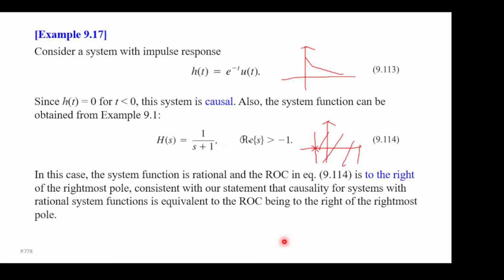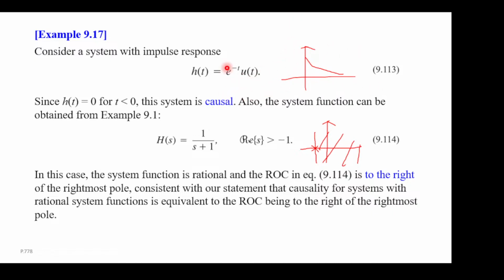I guess then let's see an example of this causality first. Let's see a good example first where we have a rational function and a causal system, and h of t is our favorite right-sided exponential decay. So it's rational and it's causal because it's 0 for all the t less than 0 part.